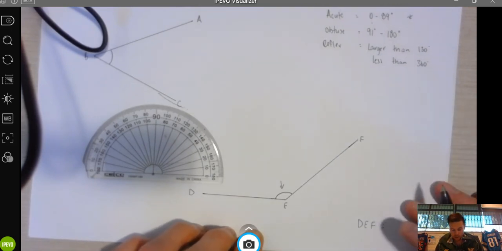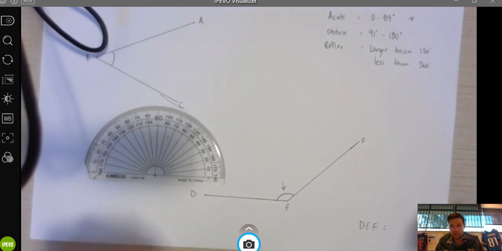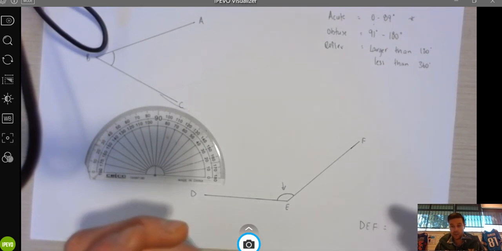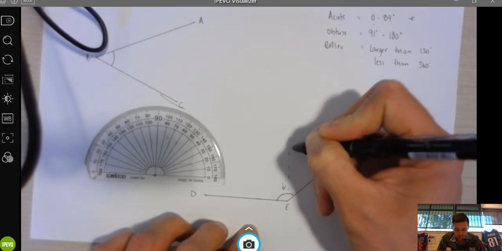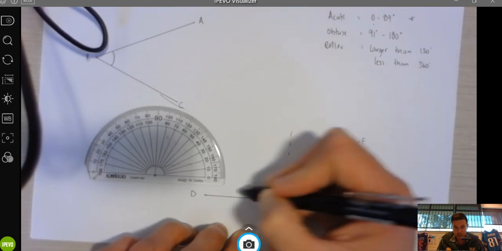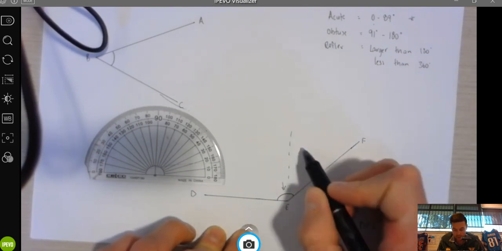Now, if we have a look at this straight away, we should be able to identify it as an obtuse angle. So this particular angle should be larger than 90 degrees, because 90 degrees would be straight up here. That would be 90 degrees, straight like that. But it's not, it's bigger than that, see?